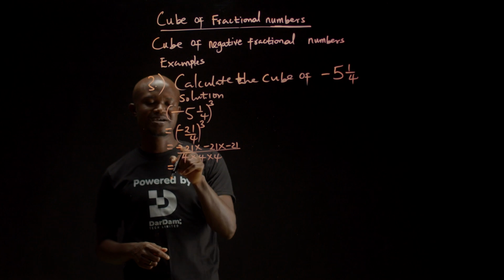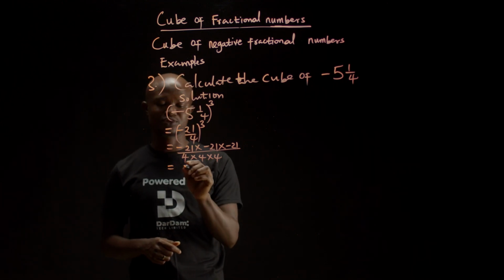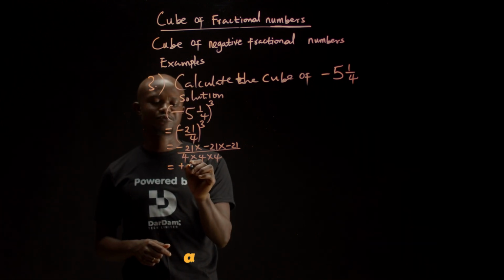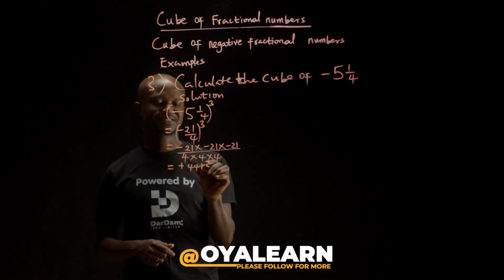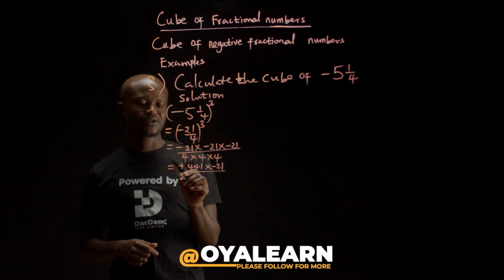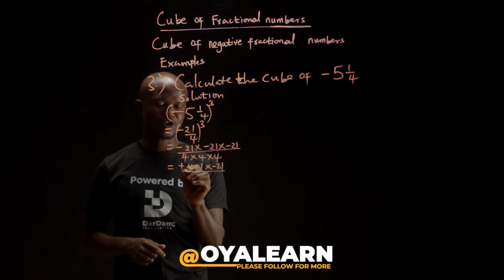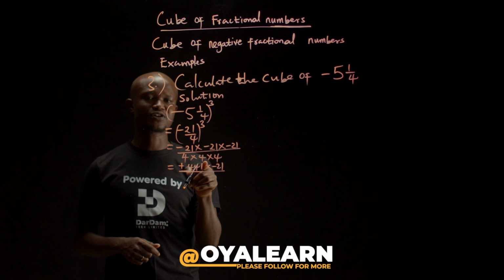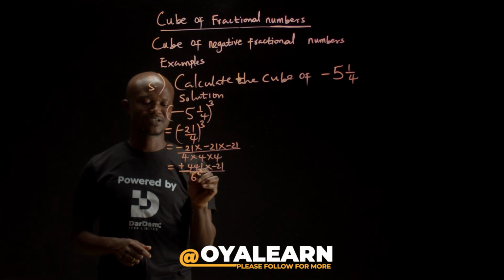Minus times minus gives plus, so we have plus 441 times minus 21, divided by 4 times 4, 16, and 16 times 4 is 64.